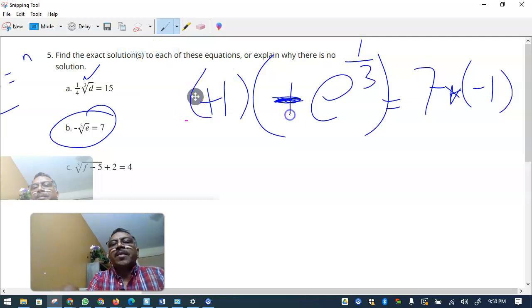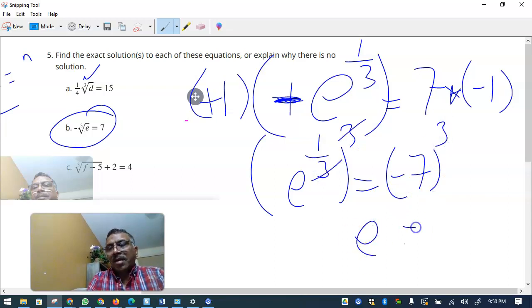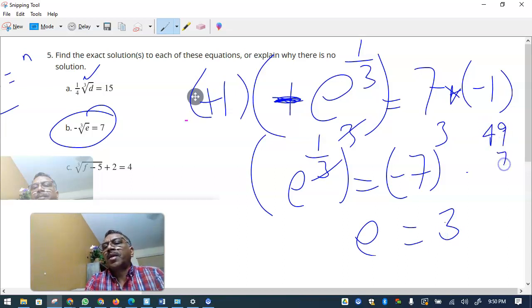So this negative makes it positive, and e raised to 1/3 is -7. And then cube both sides. So this is the same stuff. And this 3 goes away and you get, I think, 7 times 7 is 49, and you multiply 7 again, that's 343.